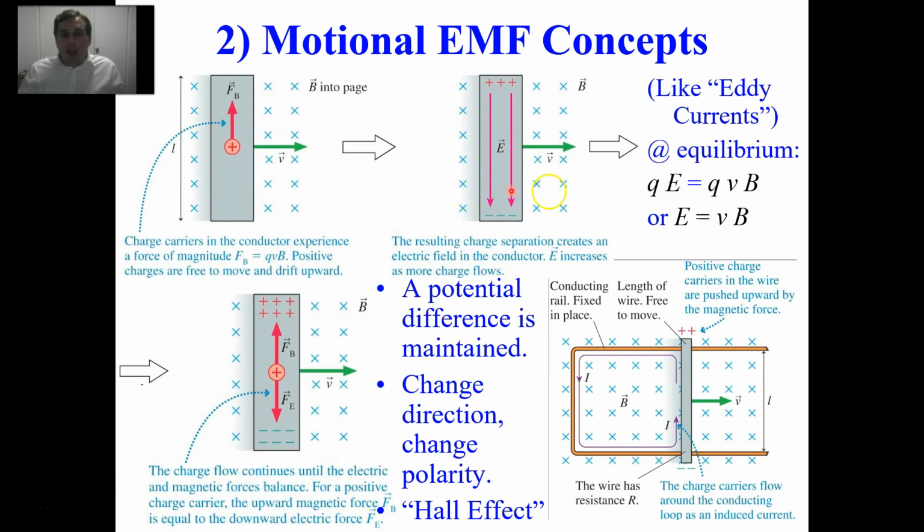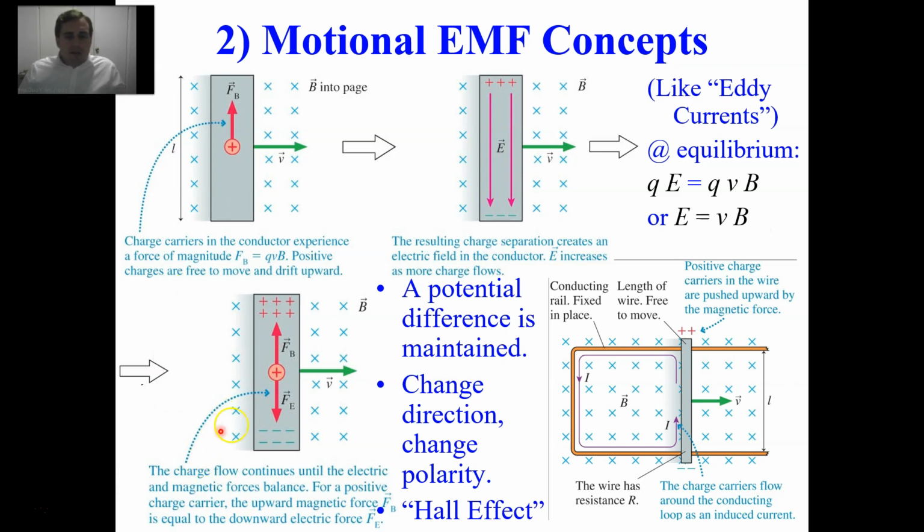And by the way, we note that there's an electric force that's Q times E is equal to QVB. That is, the electric force is equal to the magnetic force. So if you divide out the Q, E equals V times B, which is a relationship we've seen earlier in this course, that newtons per coulomb is equal to meters per second times Teslas.